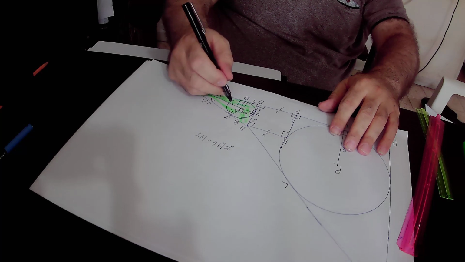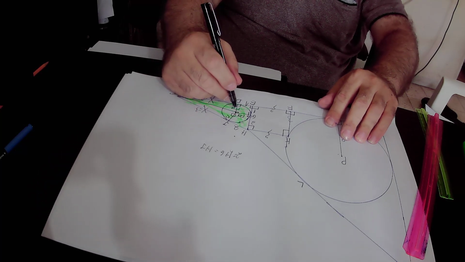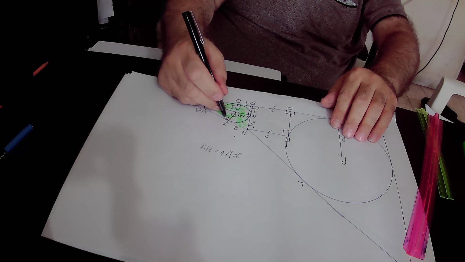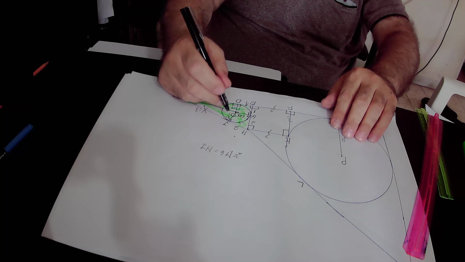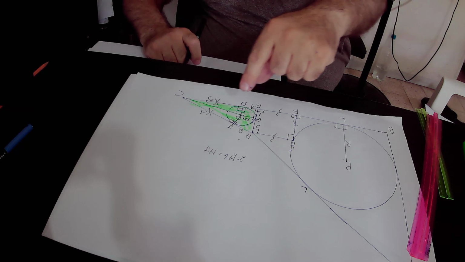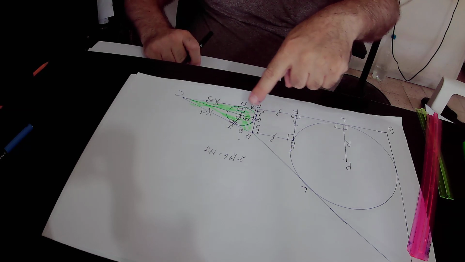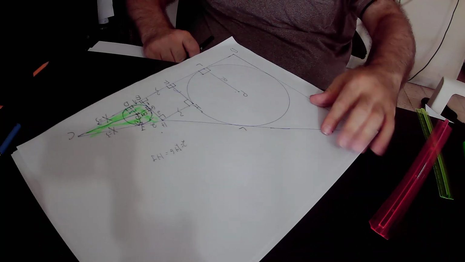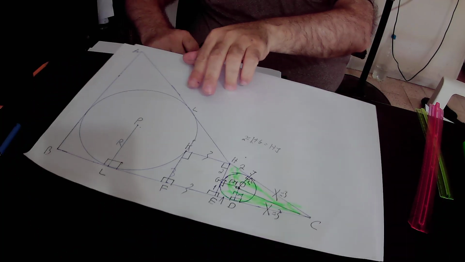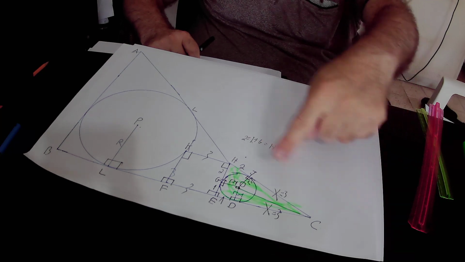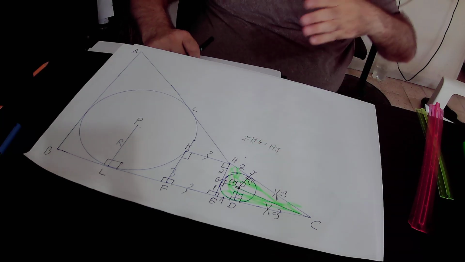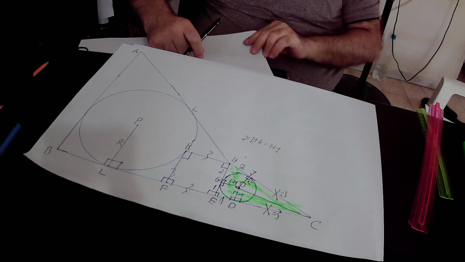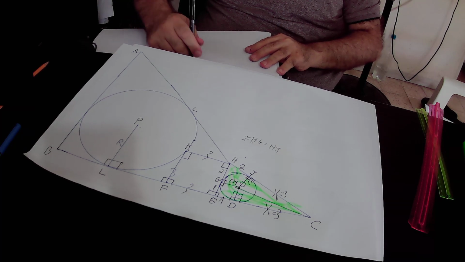Here we have the radius that is drawn to the point of tangency, therefore this angle equals 90 degrees and this angle equals 90 degrees. So we have here 2 right triangles, triangle OCD and triangle OCJ. Repeat again, we have triangle OJC and triangle ODC. We prove that those 2 right triangles are congruent to each other according to the side rule.